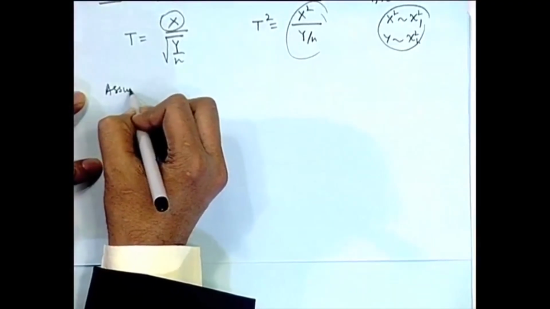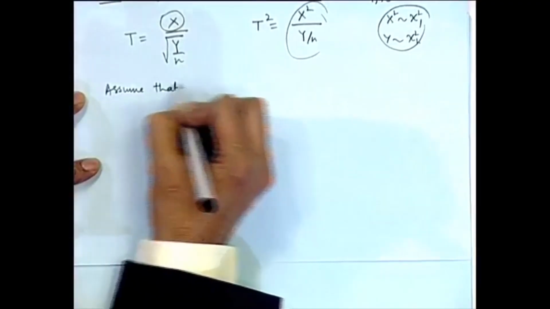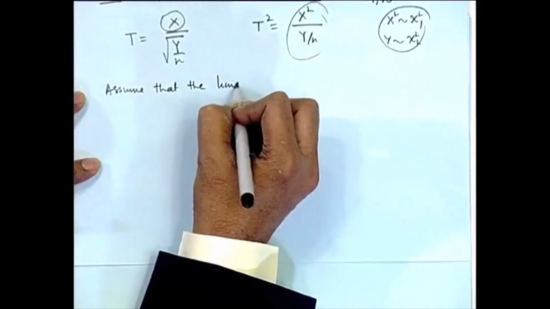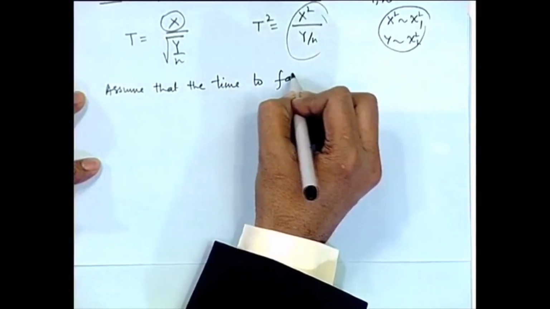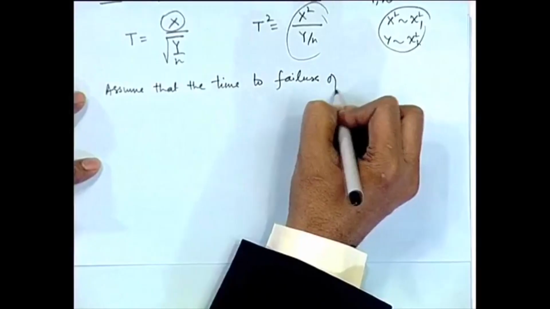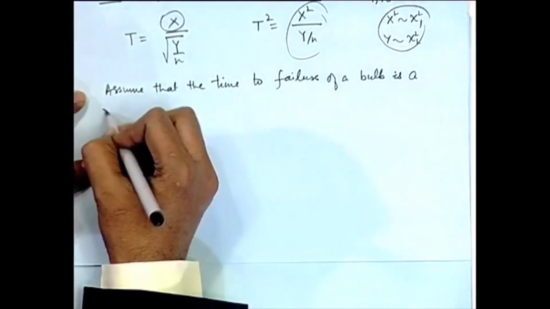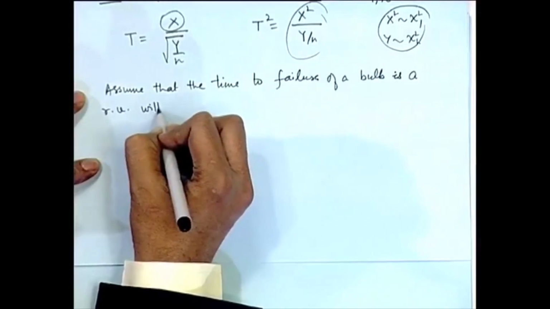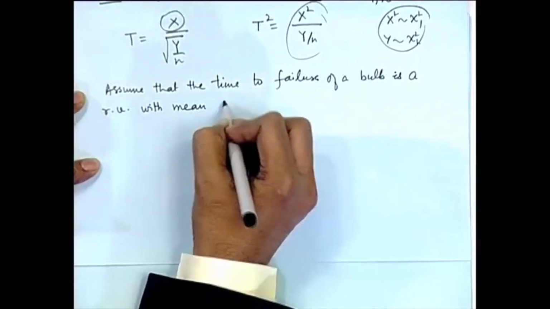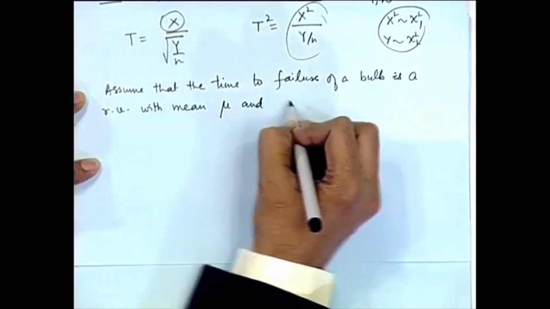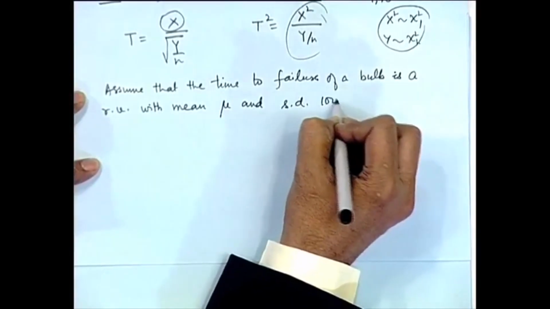Assume that the time to failure of a bulb is a random variable with, say, mean mu and standard deviation, say, 100 hours.